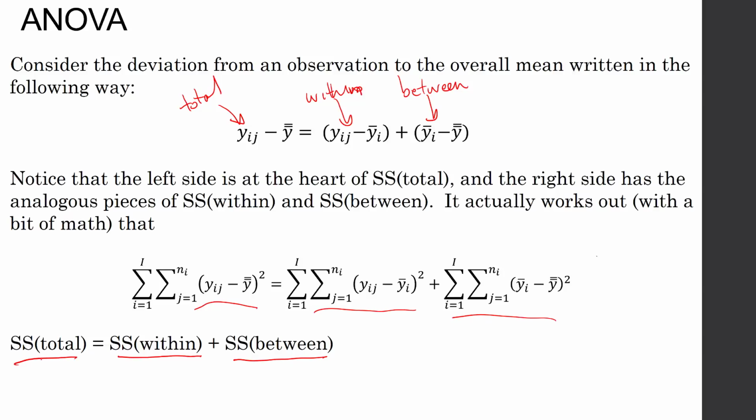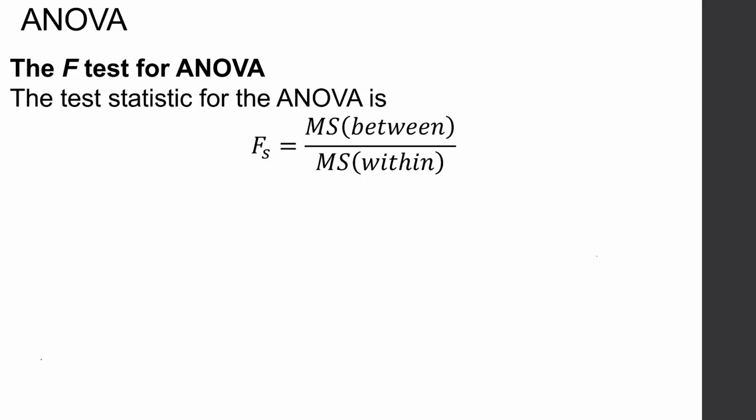It's a comparison about means, but we're going to look at the variability to say something about our means. How we're going to do that is we're going to look at the ratio of the mean squared for between, so how much variability is accounted for by the groups themselves, relative to the mean squared within. That is, how much variability is just natural error variation within a group.